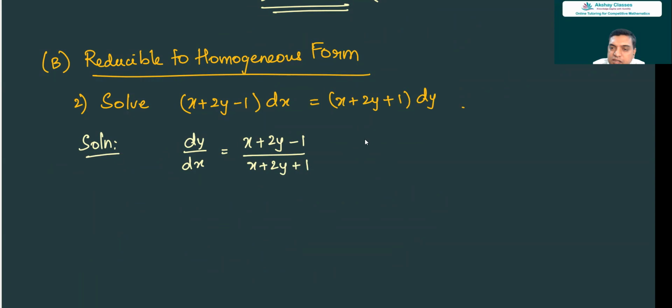The numerator is a linear, degree 1 polynomial. Of course, here one thing we can directly do is write x plus 2y as u.